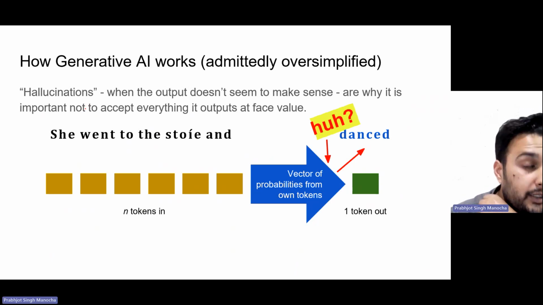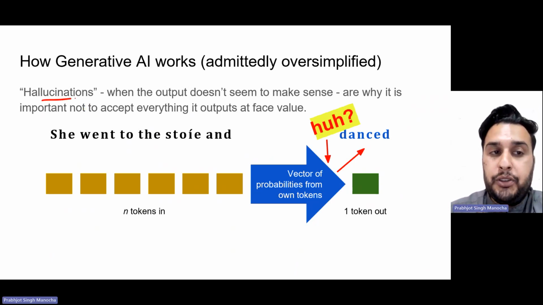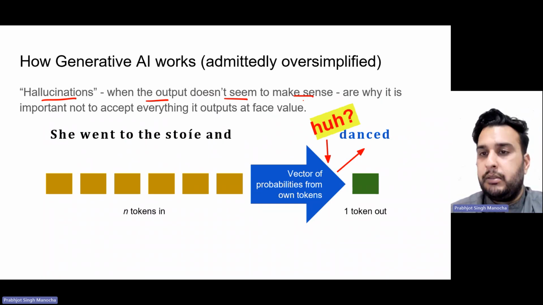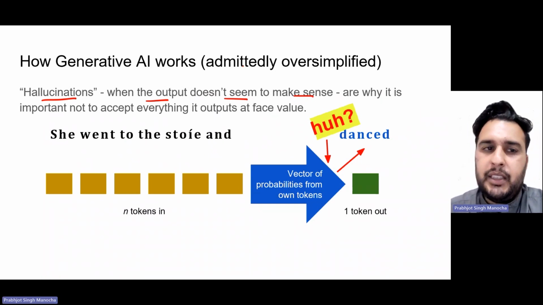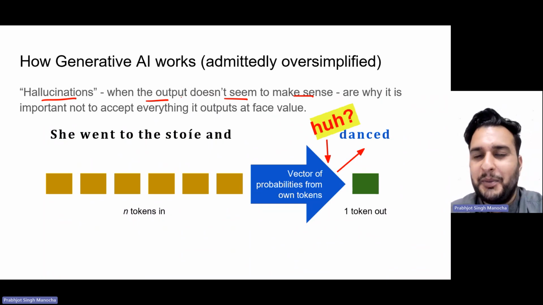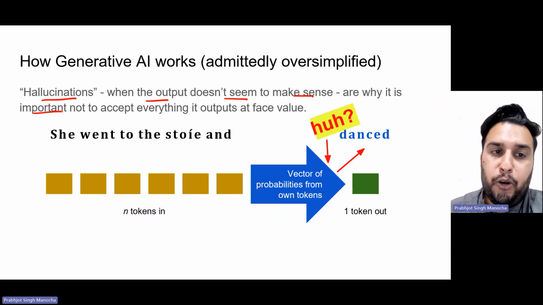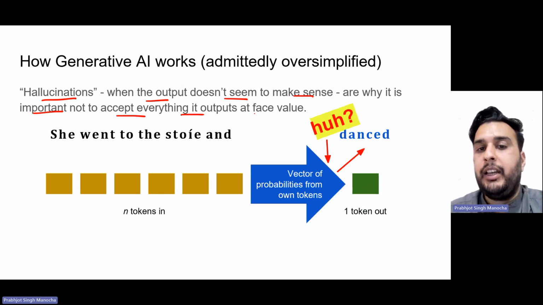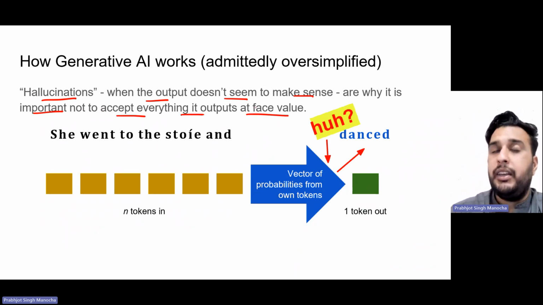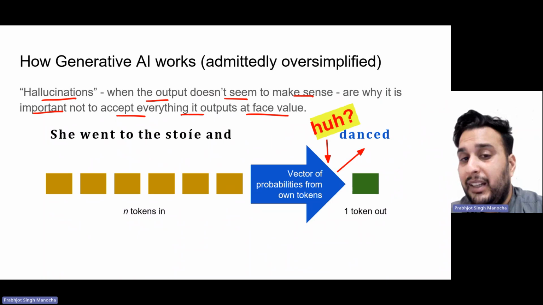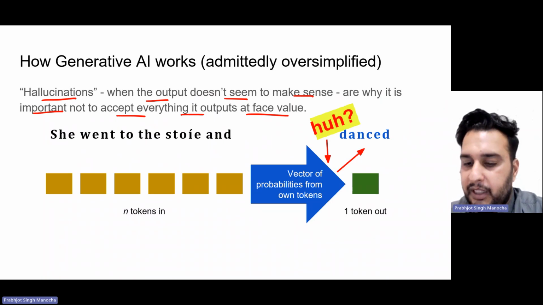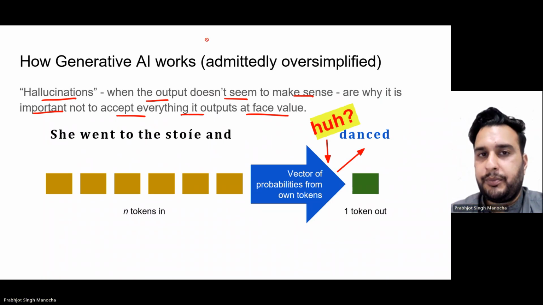Yes, it is expected to make some mistakes, hallucinations, where the output doesn't seem to make sense. Like, she went to the store and danced. Why would she do that? She can do that at home also. So it is important not to accept everything it outputs at face value, but to reanalyze it, transform it, and check what the best output is that can be produced.